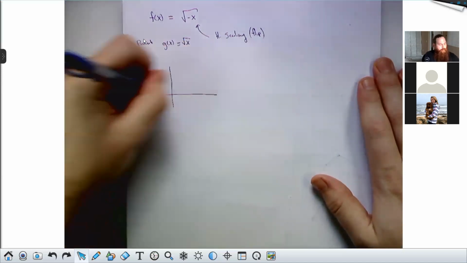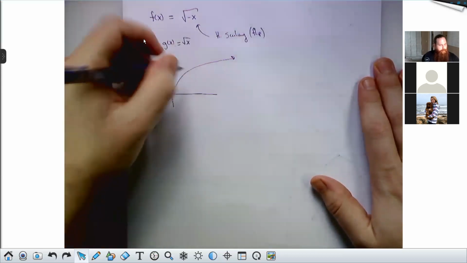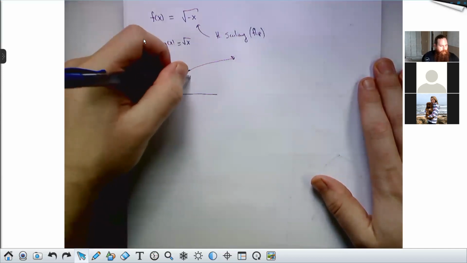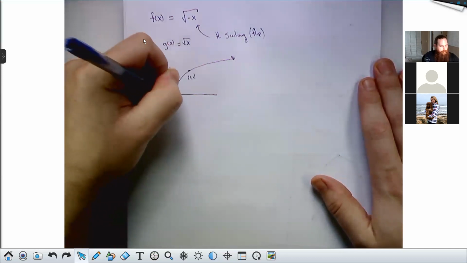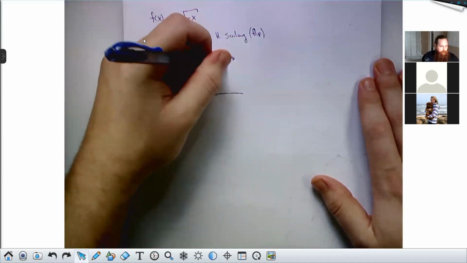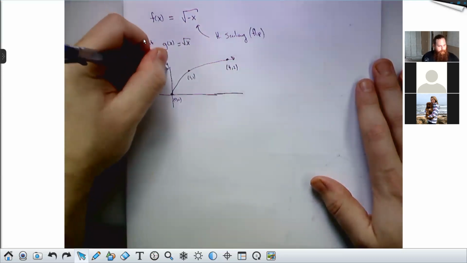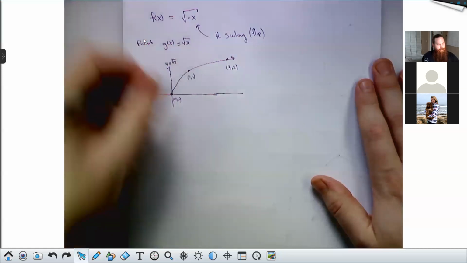So here is the original square root x function. We looked at him earlier. Goes through 1, 1, 0, 0. And eventually he'll go through 4, 2. This is y equals square root x.